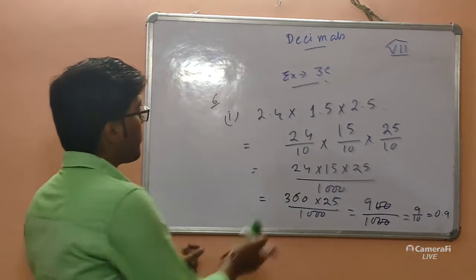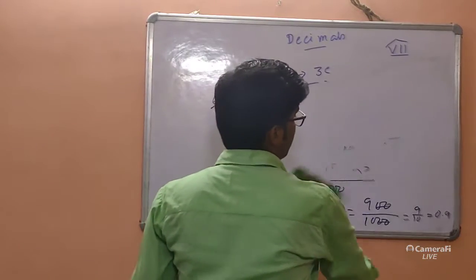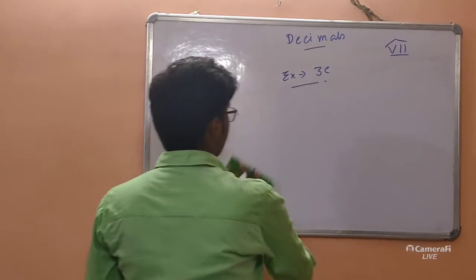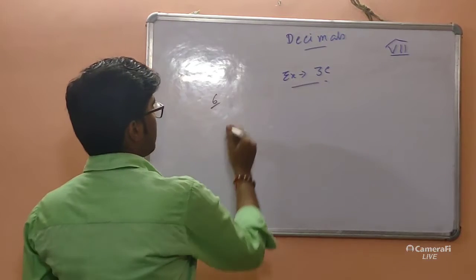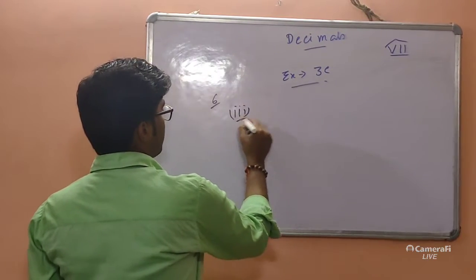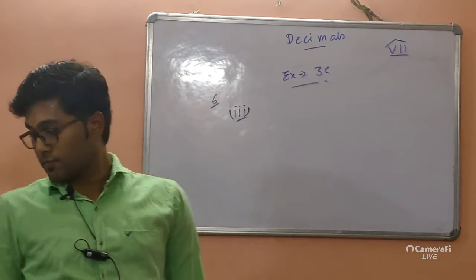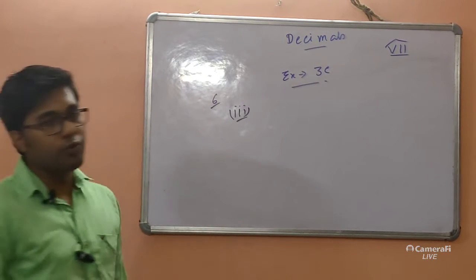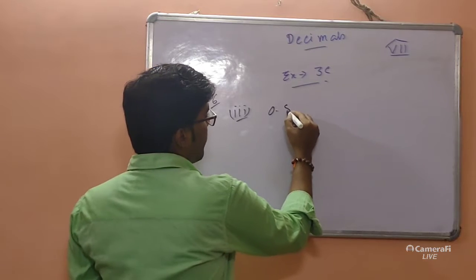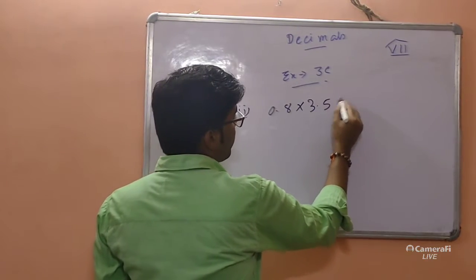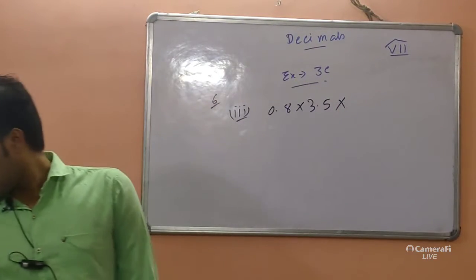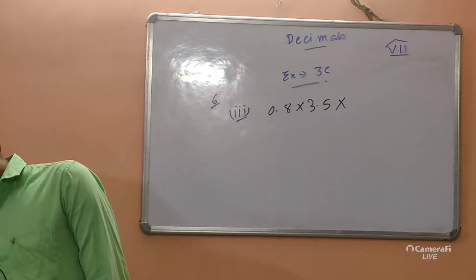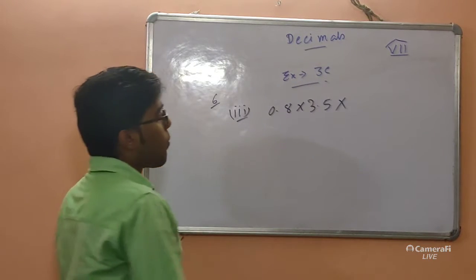Question number 3. What do you have therefore? 0.8 into 3.5 into 0.05.